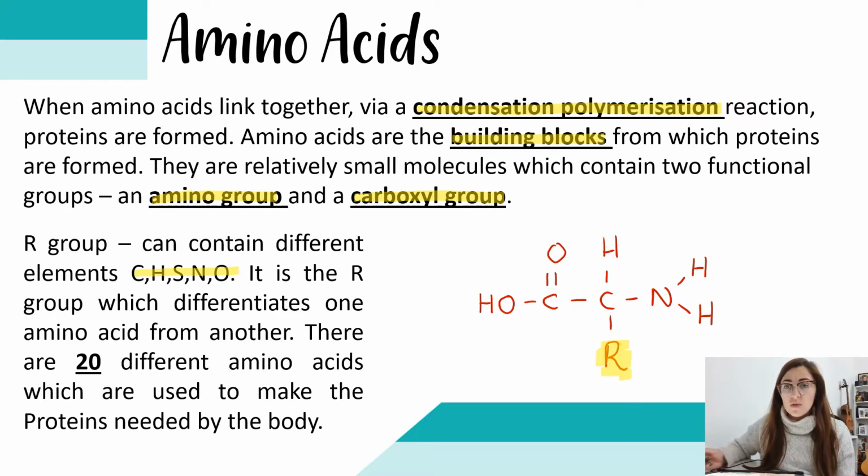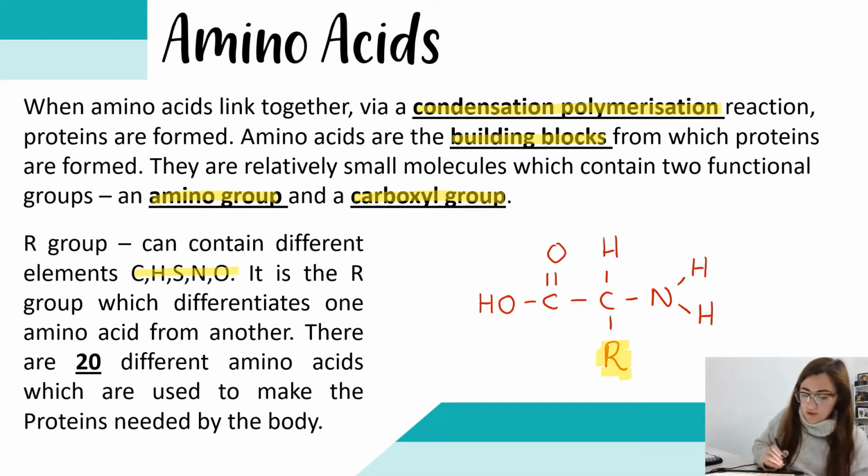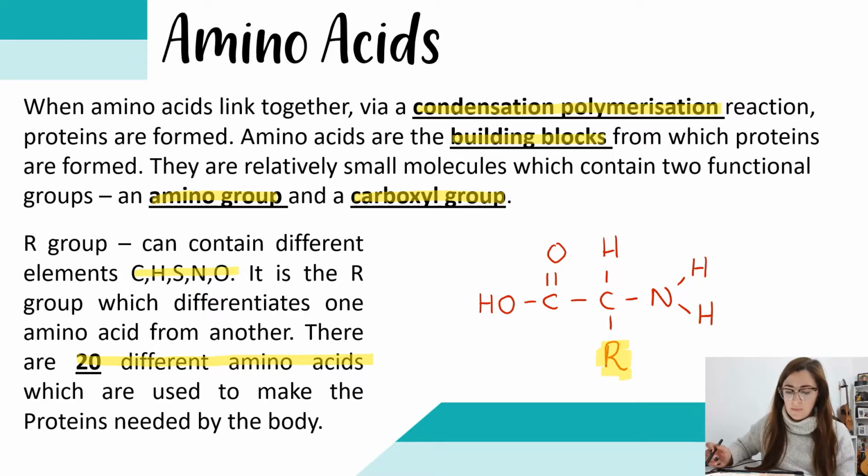The most simple amino acid has its R group as just one hydrogen, and that R group changes for every individual amino acid, and there are 20 different amino acids which are used to make the proteins needed in a body.